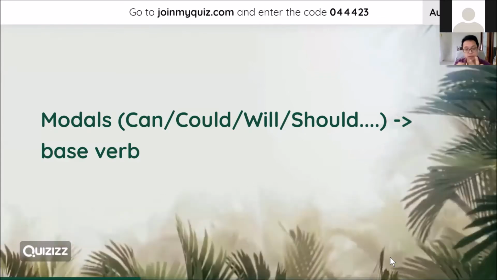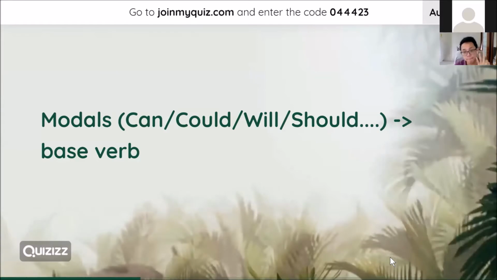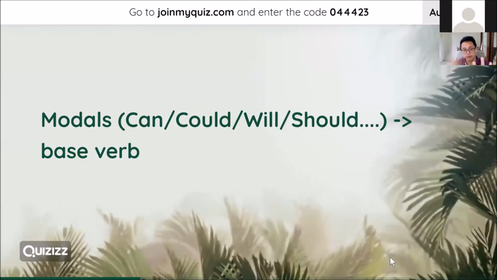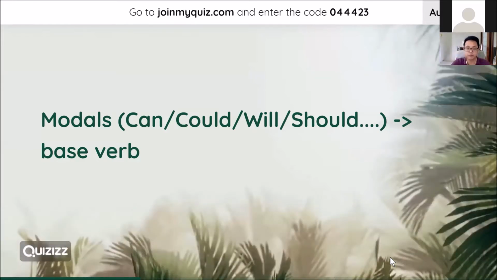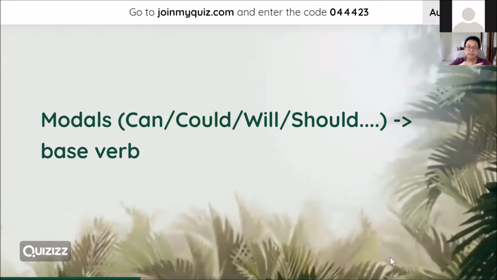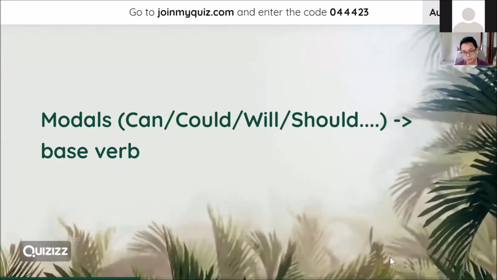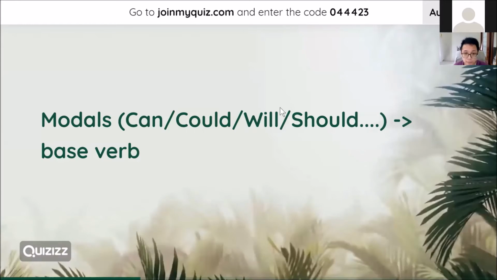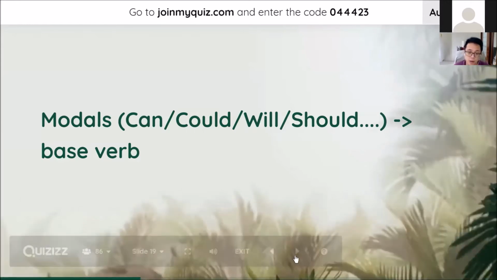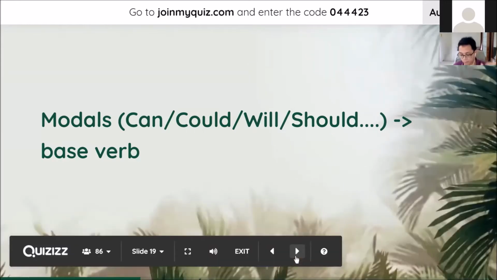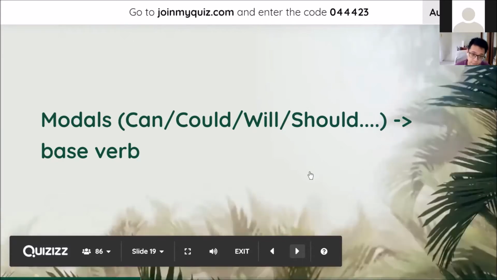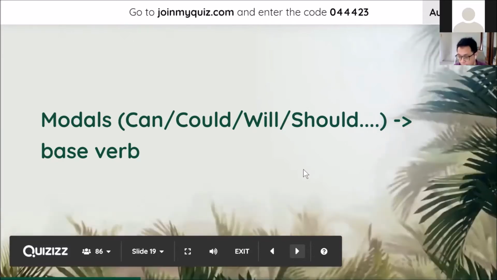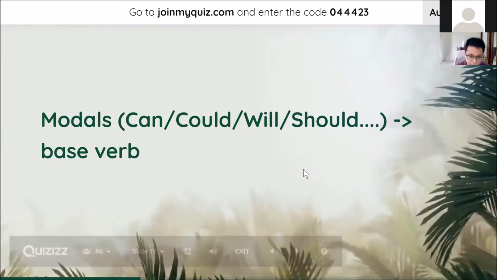Do, does, did, to infinitive, and the third one is can, could, will, should. Almost all the time you have the base verb for these three clues.